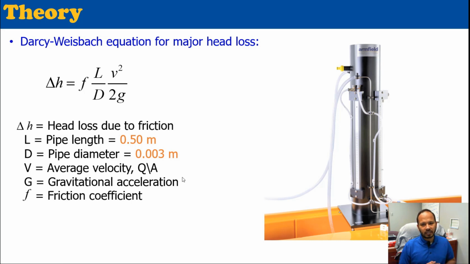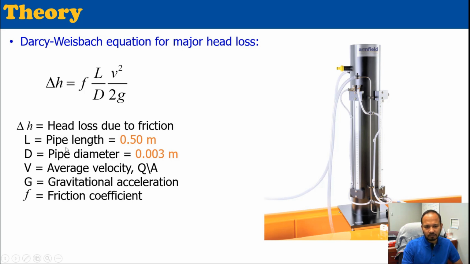The theory that we're going to use: if you remember your Darcy-Weisbach equation for major head loss, which is ΔH equals the friction factor f times pipe length L over pipe diameter D, times V squared over 2g, where V is your velocity and g is your gravitational acceleration.